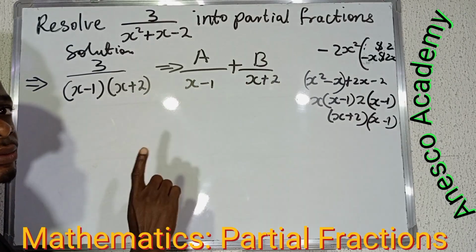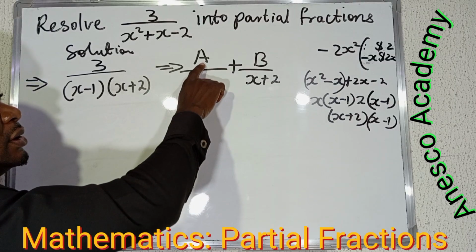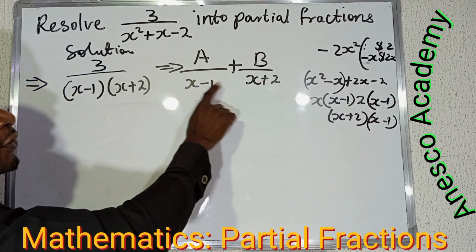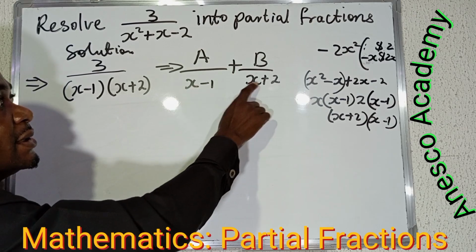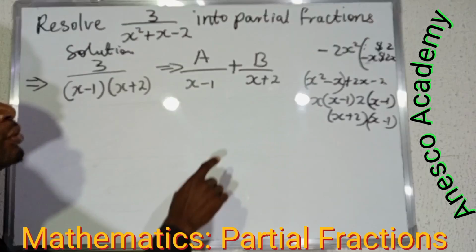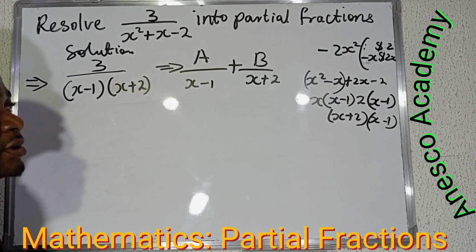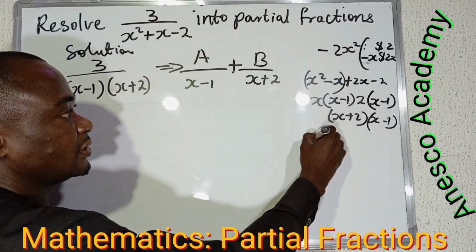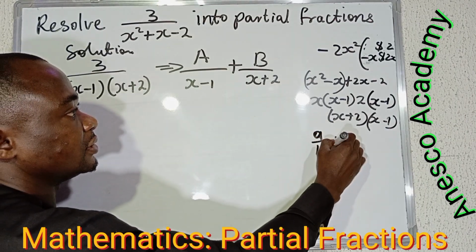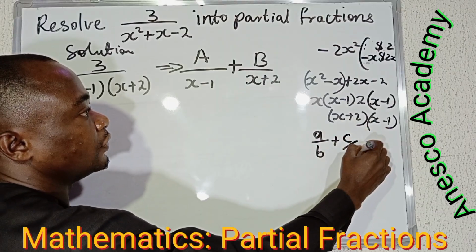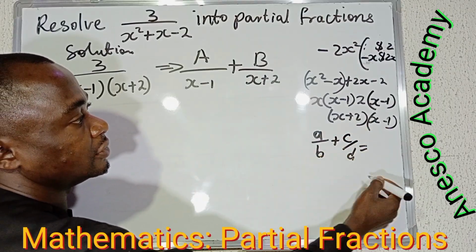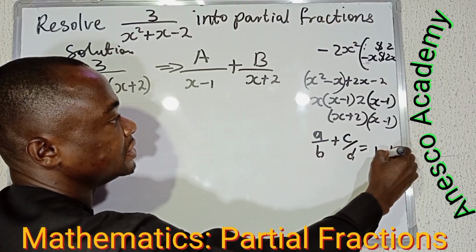Multiplying these two. Whenever you find the LCM by multiplying this and this, the numerator will be a times this plus b times this. In elementary class, we have a over b plus c over d. If you want to find the LCM, it is bd.